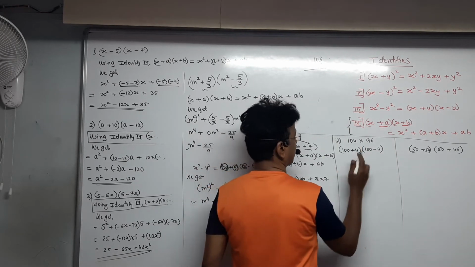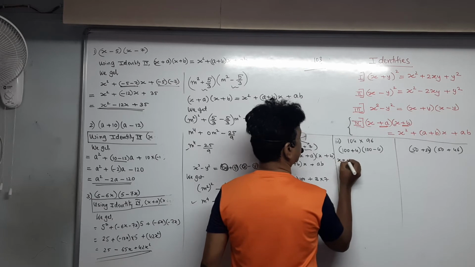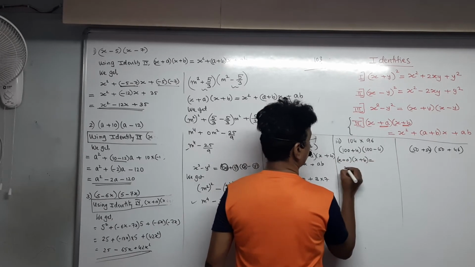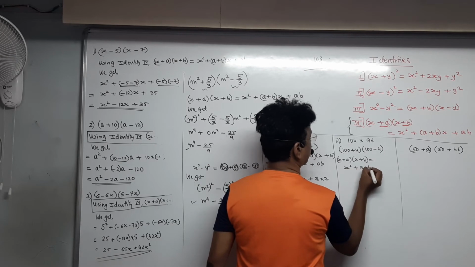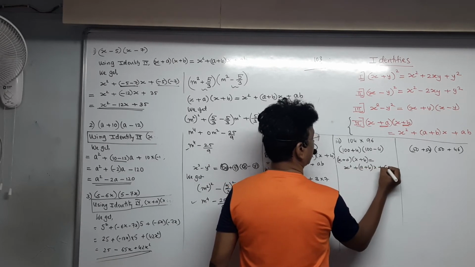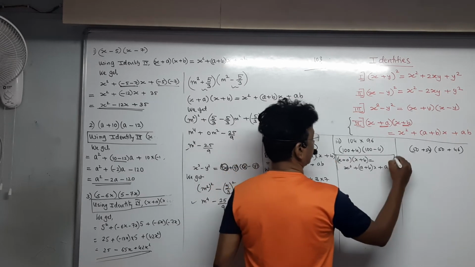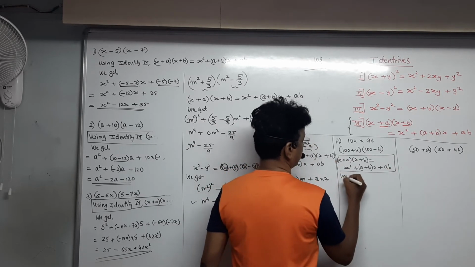Here, when you do this calculation, you will use the identity (x plus a) into (x plus b) is equal to x square plus (a plus b) into x plus ab. Box it.